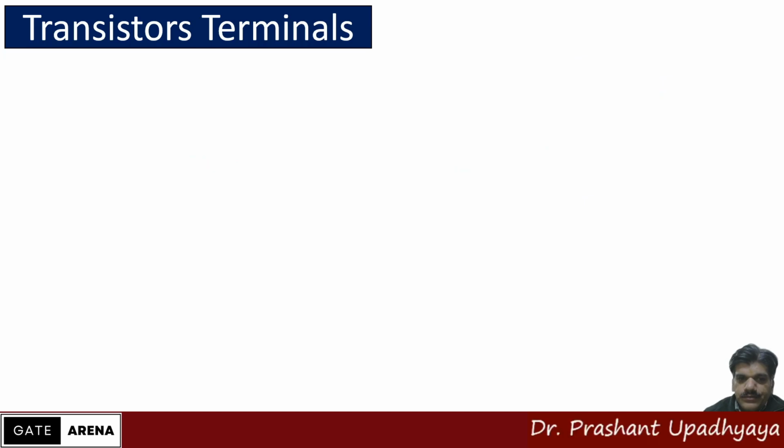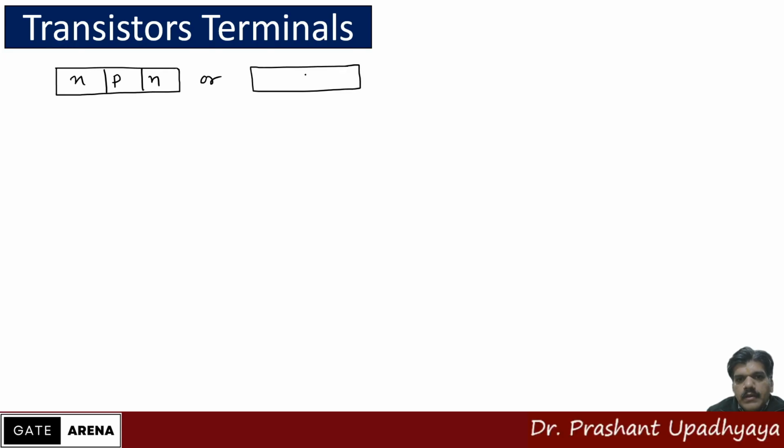So moving ahead, we have got another terminal. Let me draw it here again. Let's say I'm writing here N P N, or I will be talking about P N P. And just for the sake of convenience, I am writing this is an emitter.